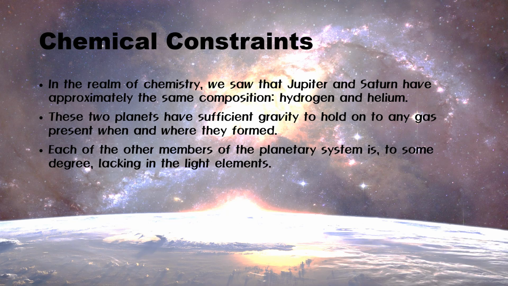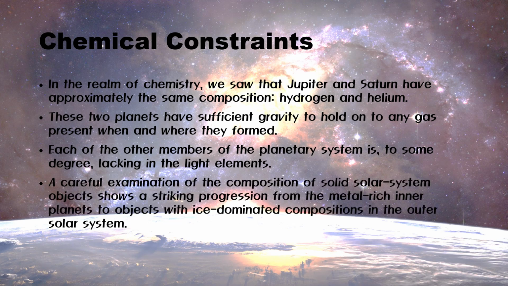Yes, they might have amounts of it present, but those are not the same ratios that we see in Jupiter and Saturn in comparison to the ratio of the Sun. Careful examination of the composition of solid solar system objects, such as our terrestrial planets, shows a striking progression from the metal-rich inner planets to objects with ice-dominated compositions in the outer solar system, such as our dwarf planets.